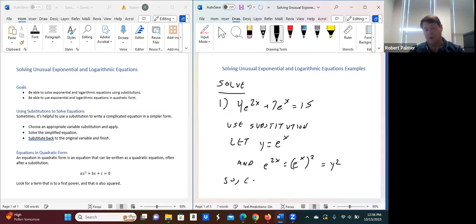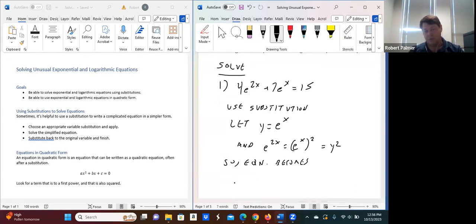And so our equation becomes 4y squared plus 7y equals 15.